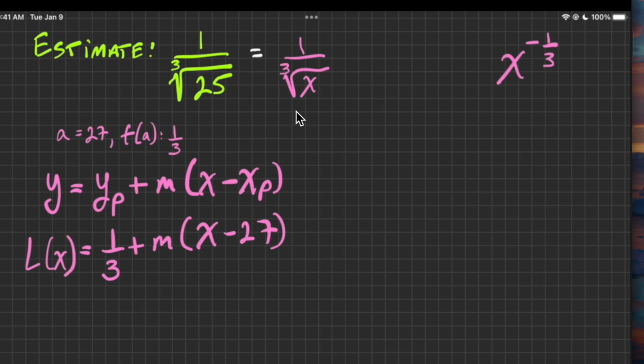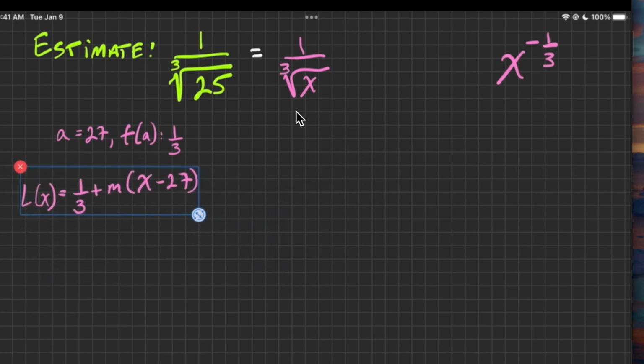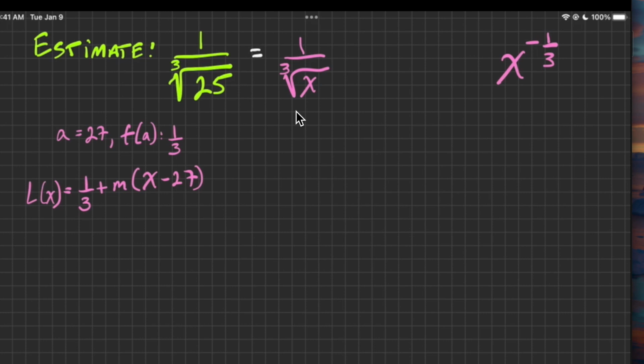All right, let's now proceed with obtaining our slope. To do that, we take the derivative, which will give us f prime, and then we're going to find f prime at a, and a, recall, is the easy number of 27. So let's take the derivative of this. We're going to have negative 1/3 x, and negative 1/3 minus 1 is negative 1/3 minus 3/3, or negative 4/3.